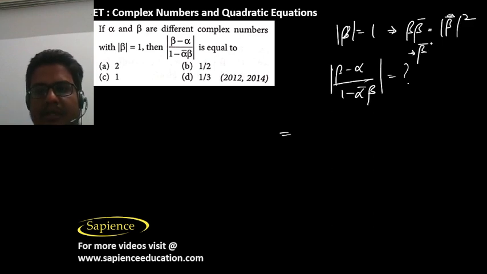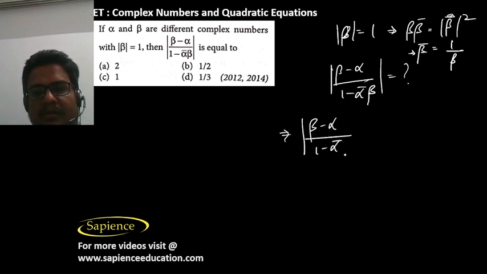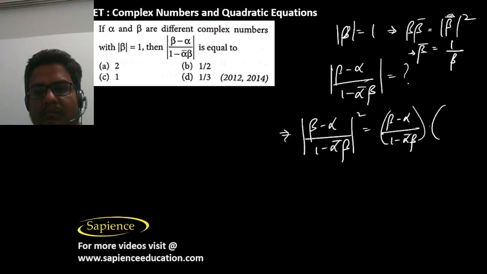So beta bar is equal to 1 by beta. Now mod of beta minus alpha by 1 minus alpha bar beta whole square will be equal to beta minus alpha by 1 minus alpha bar beta into whole bar of this, that is beta bar minus alpha bar by 1 minus alpha beta bar.